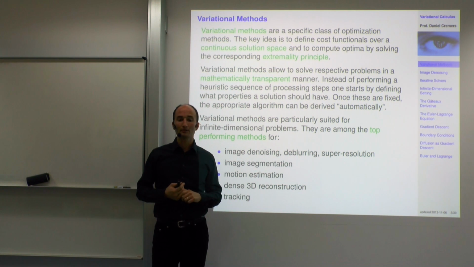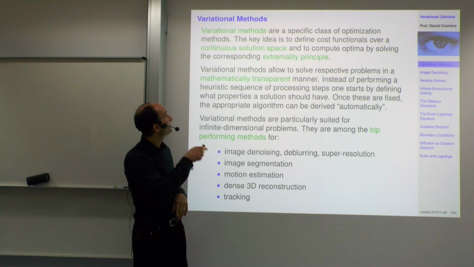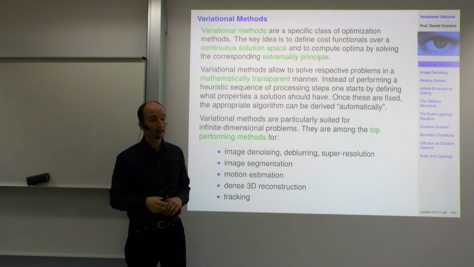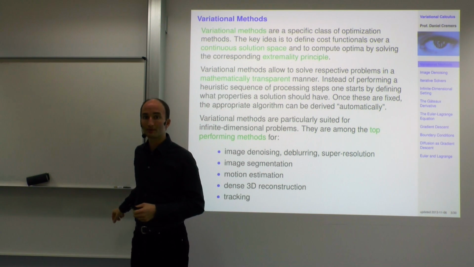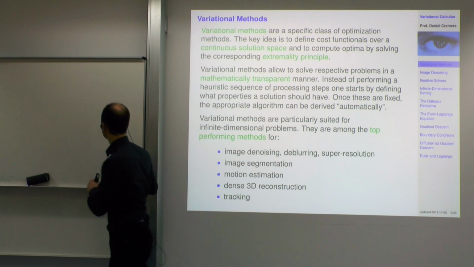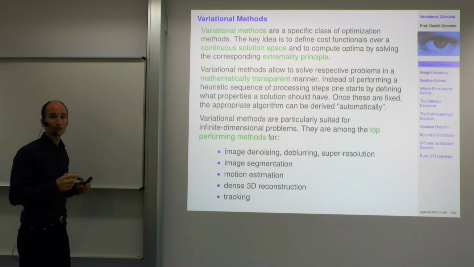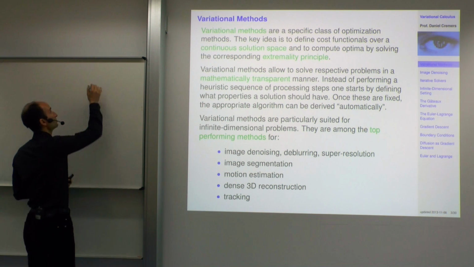For the variational methods in particular, the key idea is that the solution space is a continuous space, and that you have some kind of extremality principle that defines your optimality. And this is something that many of you will be familiar with from high school still.